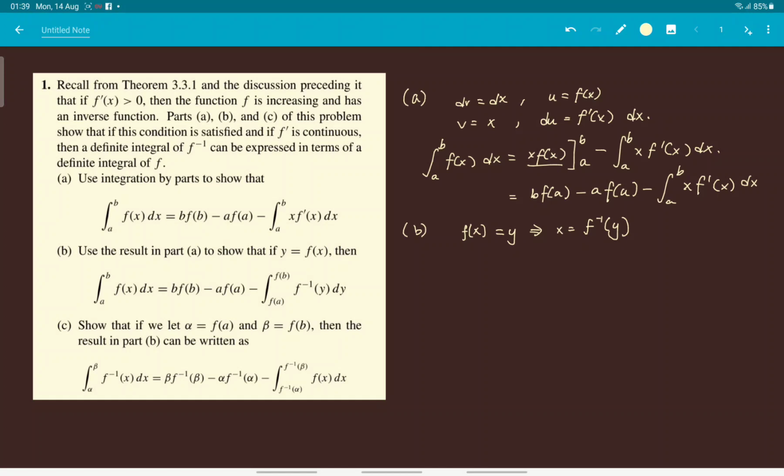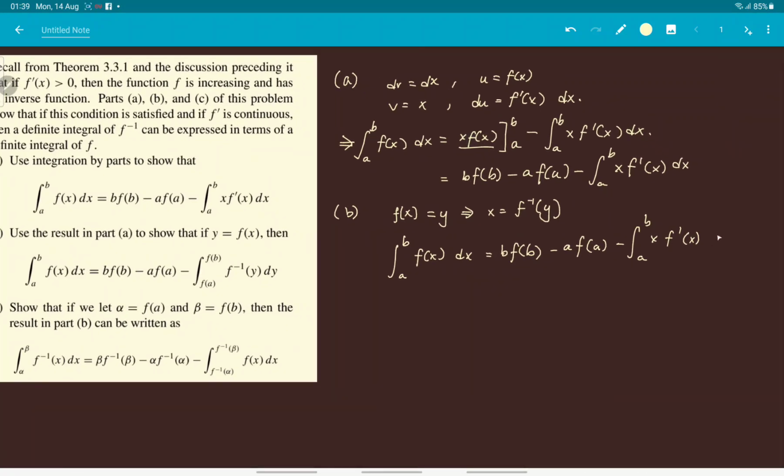Then we can say that x equals the inverse of f(y). Now going back to this equation, we have the integral from a to b of f(x) dx equals b f(a) minus a f(a). No, I think it should be f(b), minus the integral of x f prime x dx.